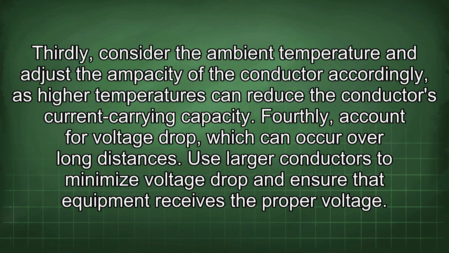Thirdly, consider the ambient temperature and adjust the ampacity of the conductor accordingly, as higher temperatures can reduce the conductor's current carrying capacity. Fourthly, account for voltage drop, which can occur over long distances. Use larger conductors to minimize voltage drop and ensure that equipment receives the proper voltage.